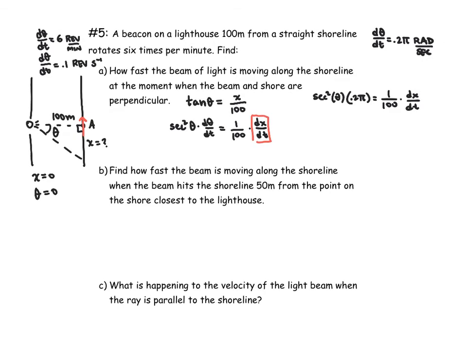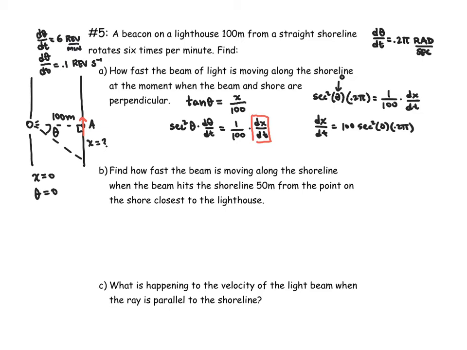So if you're asked to leave this in exact form, dx dt would equal, oops, this should have been a 0 here, would equal 100 times secant squared of 0 times 0.2 pi.